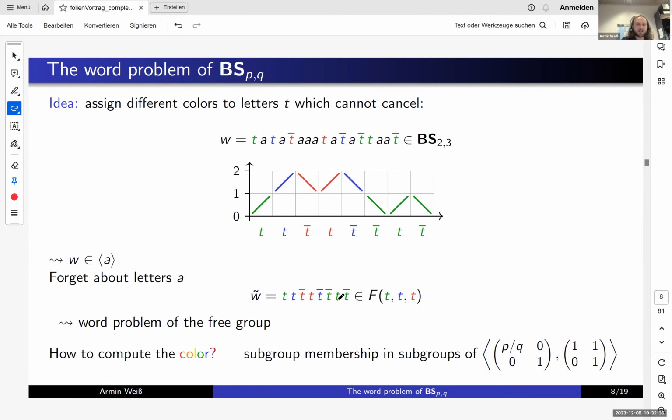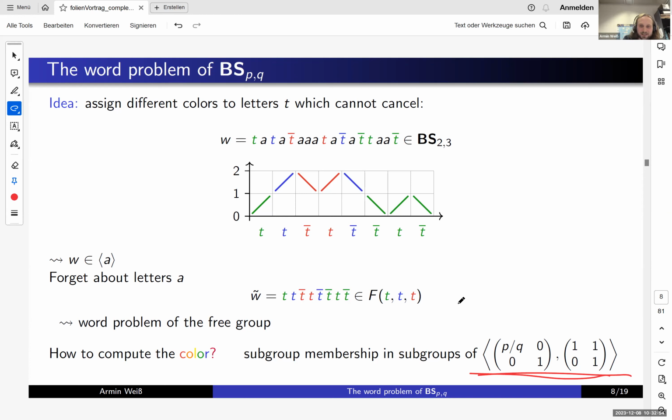We assign colors by testing subgroup membership in this quotient. So this is always a quotient of the Baumslag-Solitar group BS(p,q). If p divides q, then this is exactly the solvable Baumslag-Solitar group. Otherwise, it's just some matrix group.